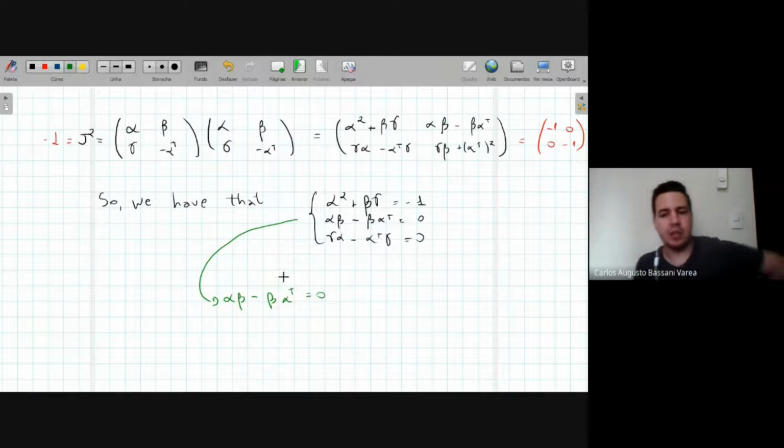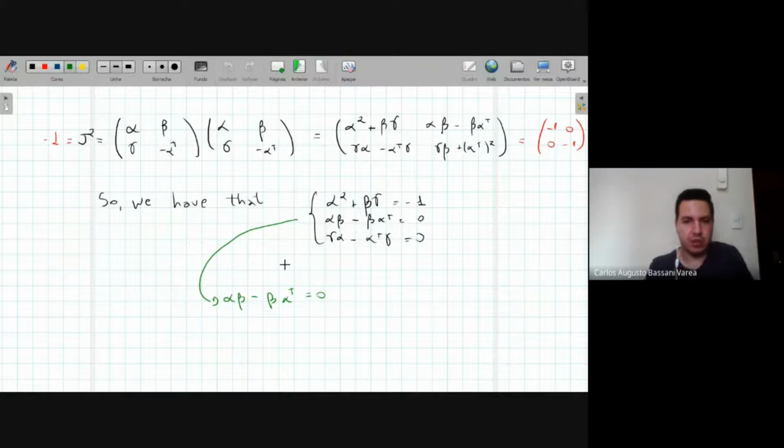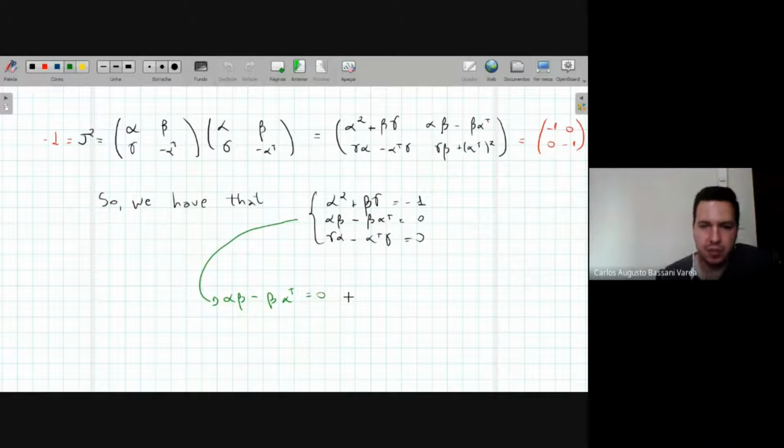But we already know that beta is skew symmetric, so beta is equal to minus beta transposed.